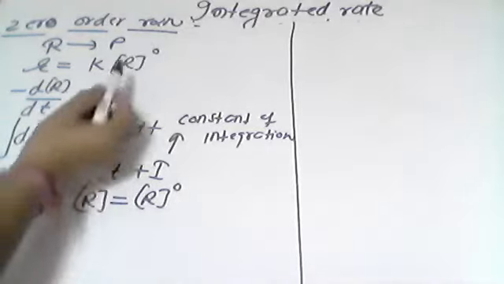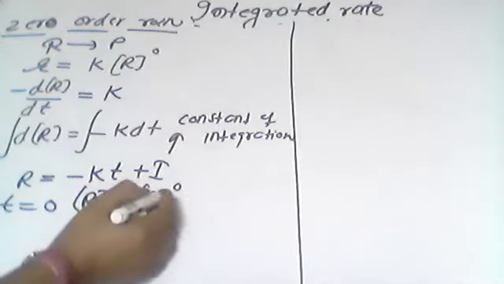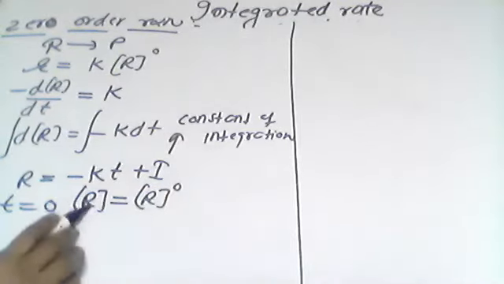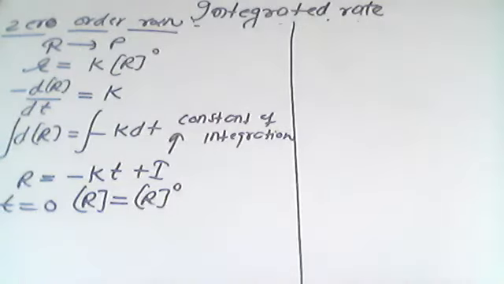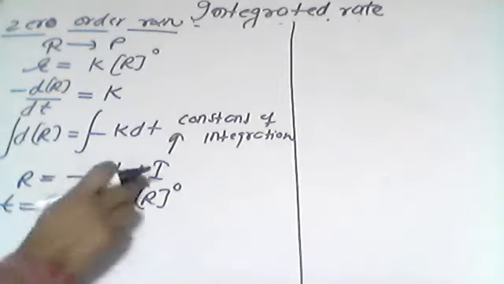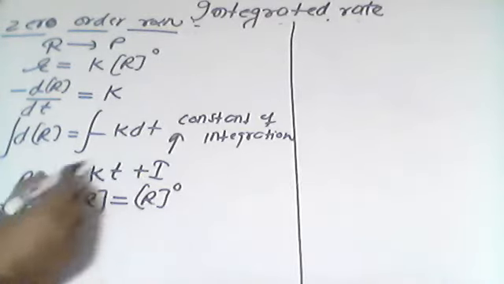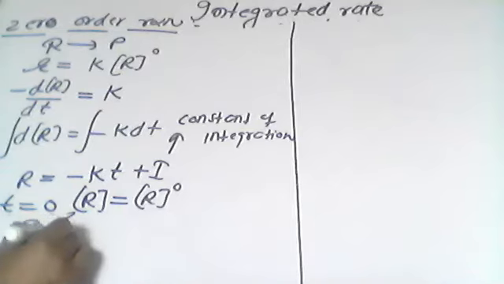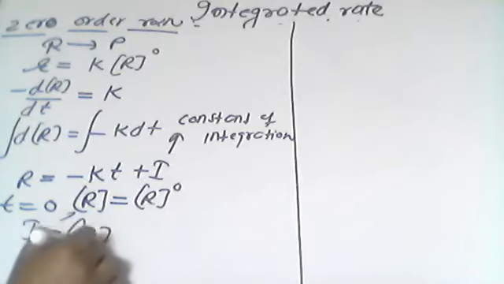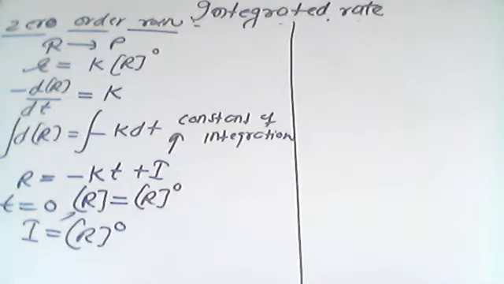These symbols are almost the same. So if I put the values in this expression, t is 0, so kt is equal to 0, and I comes out to be equal to [R] naught.